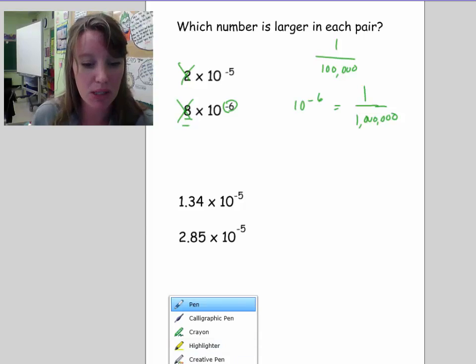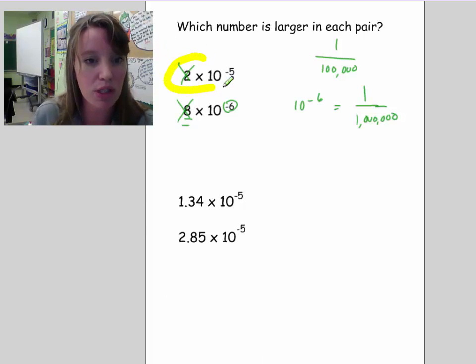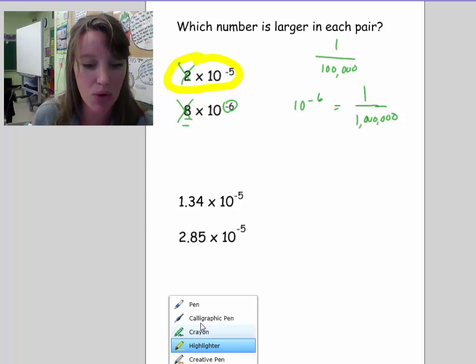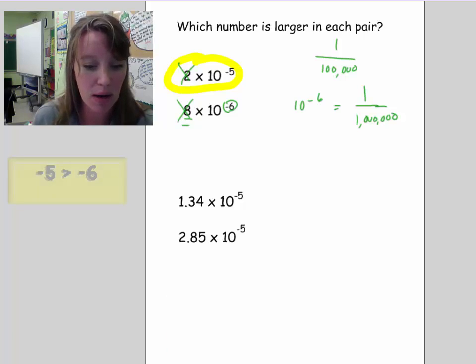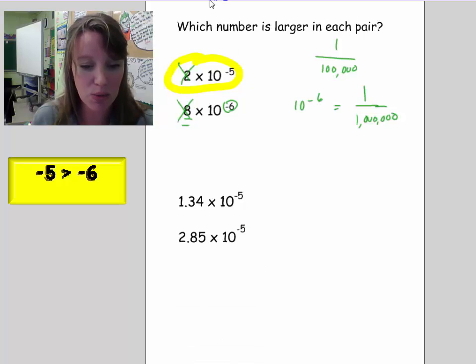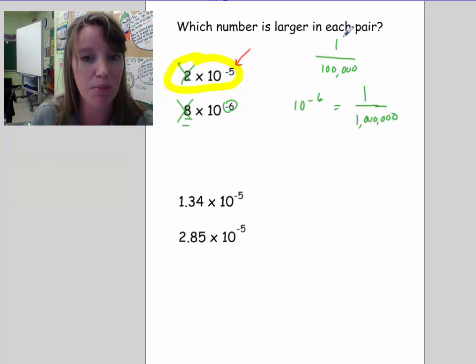So here, the number that's bigger in the pair is going to be this number, because the order of magnitude was negative, and I want to choose the smallest negative value of the exponent, because then I'm multiplying by a fraction that's a little bit bigger than another fraction. Both are very small, let's be honest, but 10 to the negative fifth order of magnitude is greater than 10 to the negative sixth.